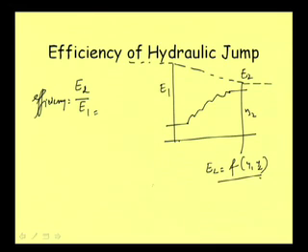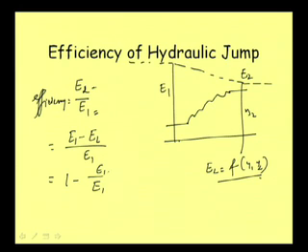So, we may not calculate this E2. Without calculating E2, if we just calculate E1, then we can write this is equal to E1, and this E2 can be written as E1 minus energy loss, or we can write 1 minus EL by E1.